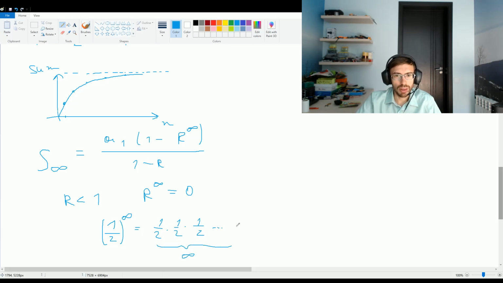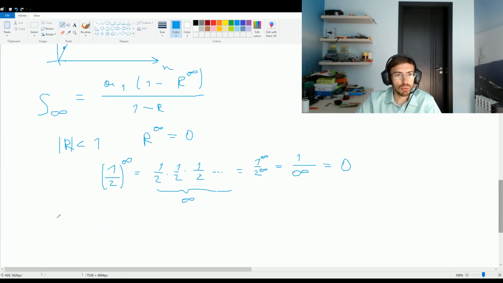So it will be 1 to the power infinity over 2 to the power infinity. 1 to any power is 1, and 2 to the power infinity is infinity. So 1 over infinity becomes 0 in the limit. So r to the power infinity is 0 when r is less than 1, strictly speaking, when the modulus of r is less than 1.